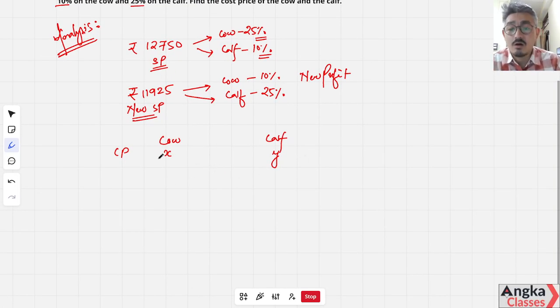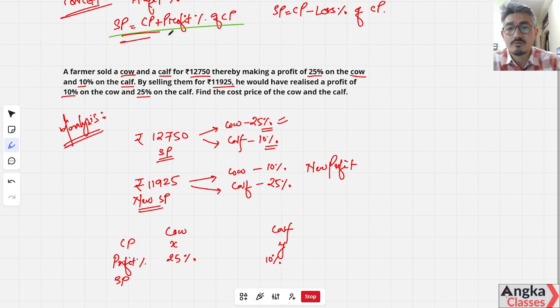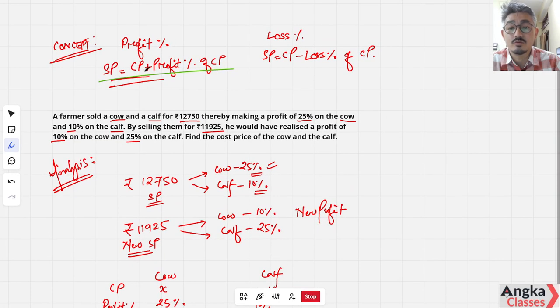Now, for the cow the profit percentage is 25%, and for the calf it is 10%. The selling price of the cow: selling price is equal to cost price plus profit percentage of cost price.